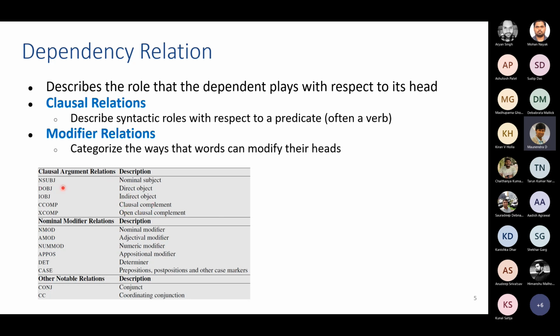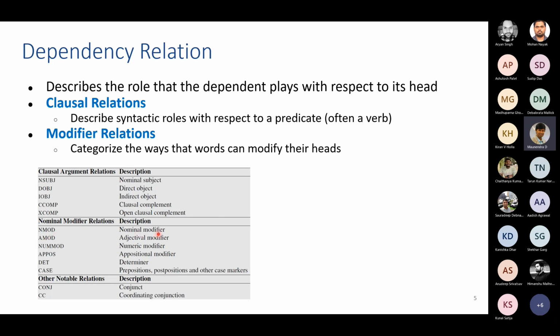Some of the labels are such that you need a very strong grasp of English grammar. However, quite a few are somewhat easier to understand. For example, a nominal modifier. Sometimes adjectives are used to modify, and sometimes adverbs modify certain words.